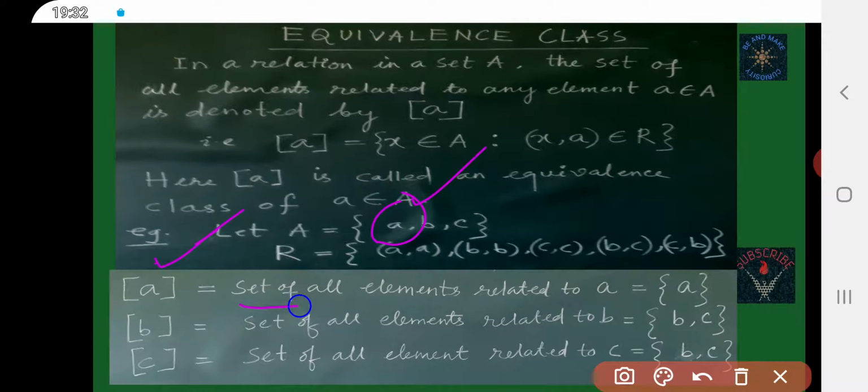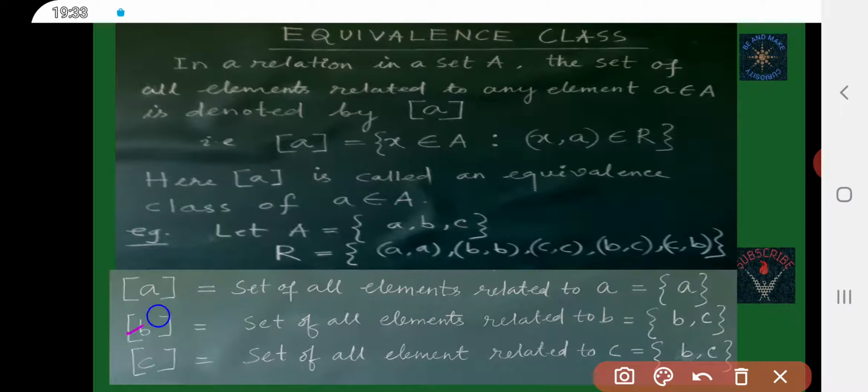The set of all elements related to a. Okay, set of all elements related to a. So here you see only one ordered pair where a is related to a. Yes, so here we get this set, and this is your equivalence class of a.